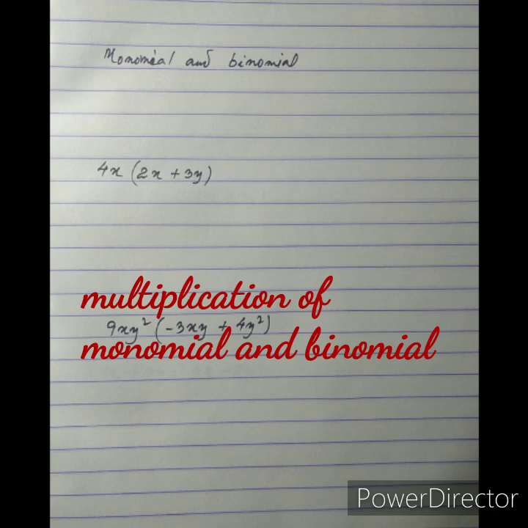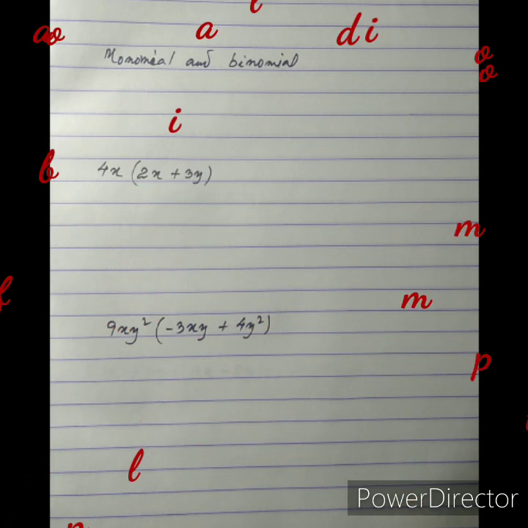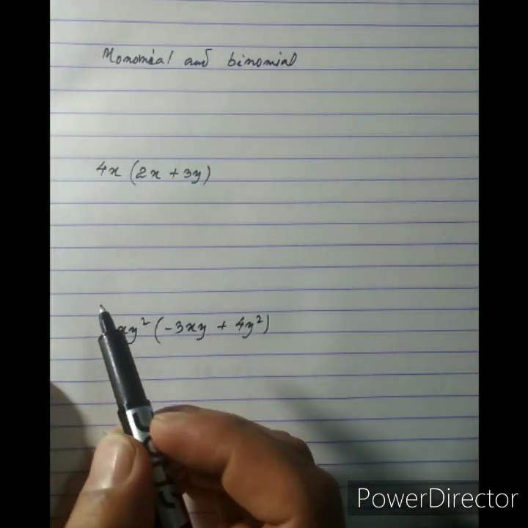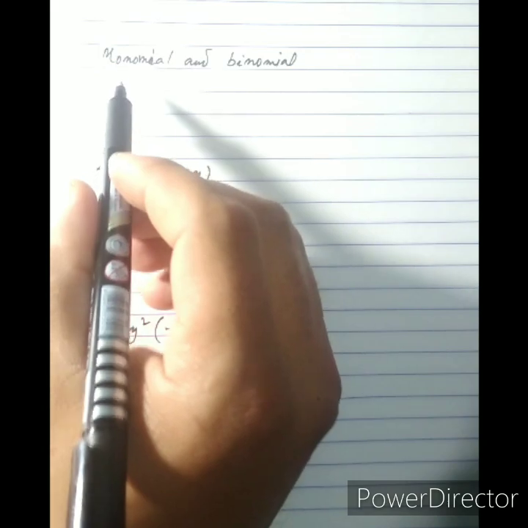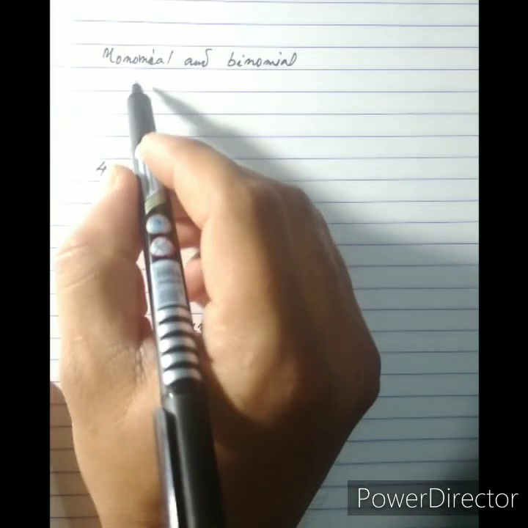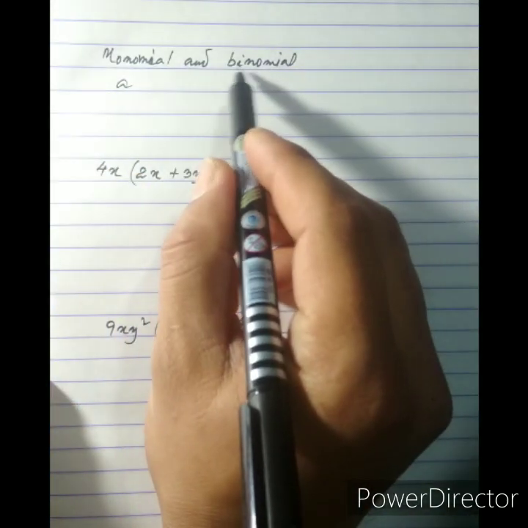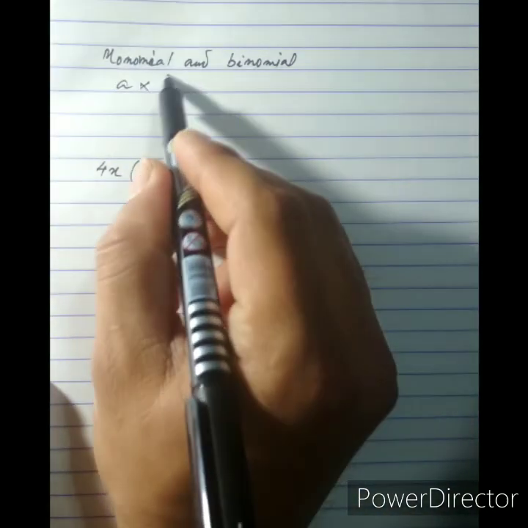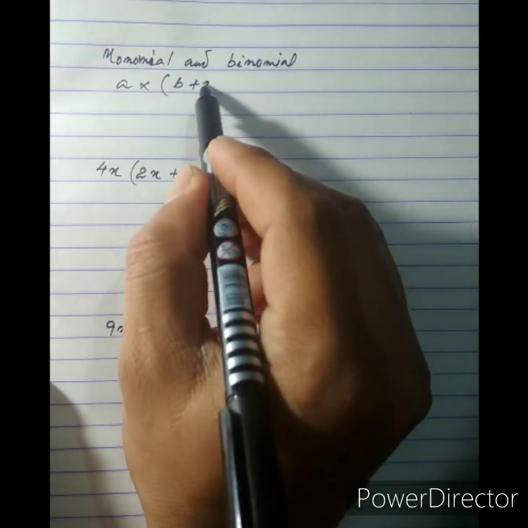Okay, next we will learn how to find the product of a monomial and a binomial. I'll just give the rule. Monomial means there will be only one term in that particular algebraic expression. Let us assume that the monomial is a, and binomial means there will be two terms in that expression. So a into b plus c.